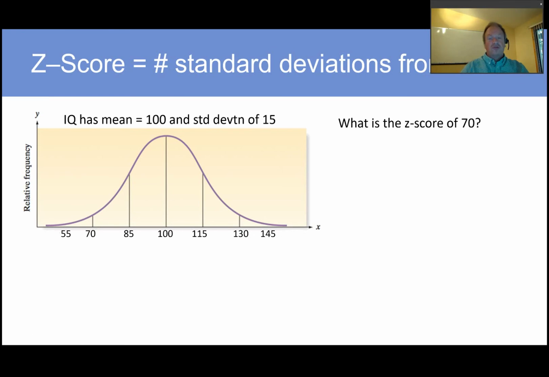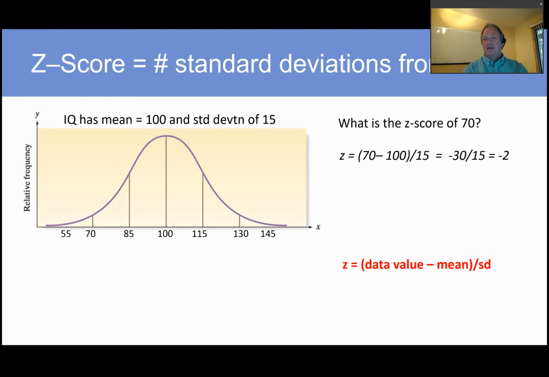But let's also use our formula, because there will be times when it's not a nice number of standard deviations. So our formula says, okay, take the data value, subtract the mean, and divide by the standard deviation. And sure enough, when we do, as advertised, we get negative 2. What about the z-score of 100? Well, we're already at home base, right?